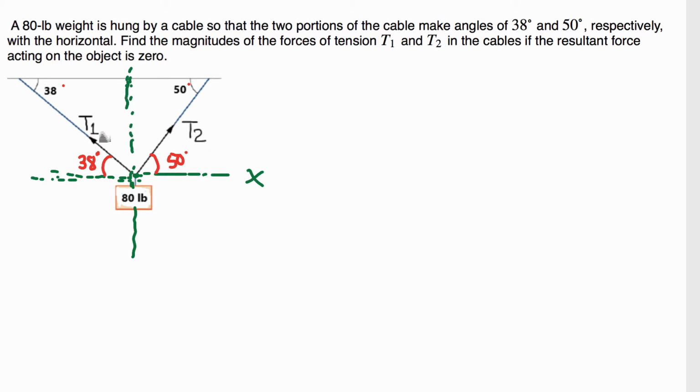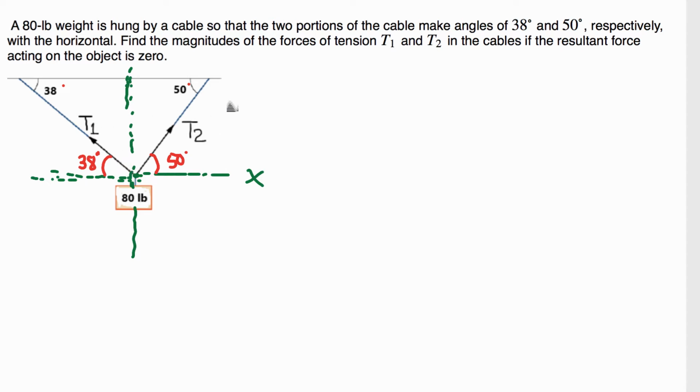Similarly here, horizontal component, vertical component, and for 80 pounds there is another force here. It does not have horizontal, it has only vertical in the negative direction, and we know that the resultant force applied to this point is 0.